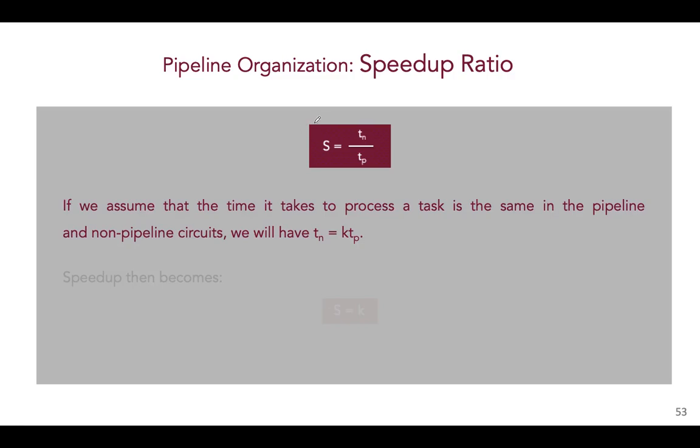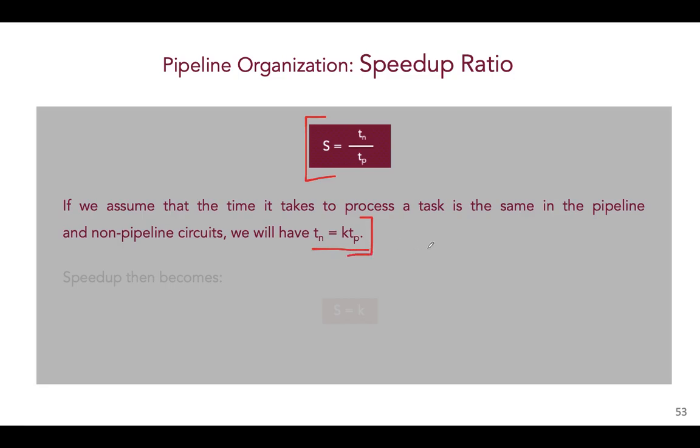Now let's focus on this new equation that we've got. If we assume that the time it takes to process a task is the same in a pipeline system and a non-pipeline system, then that means Tn will be k times Tp. Now you have to be very, very sure of how we're getting these.